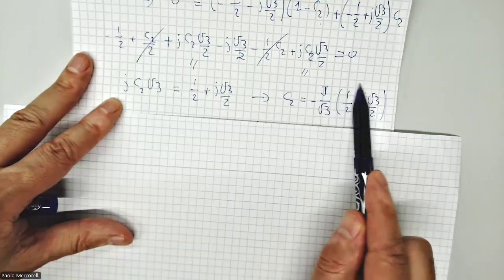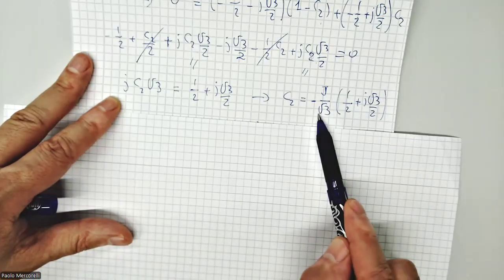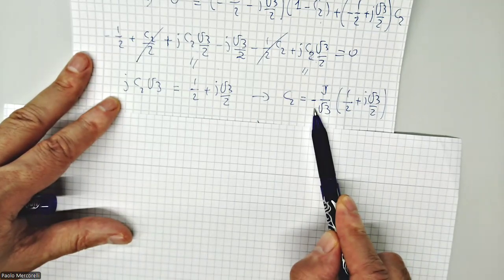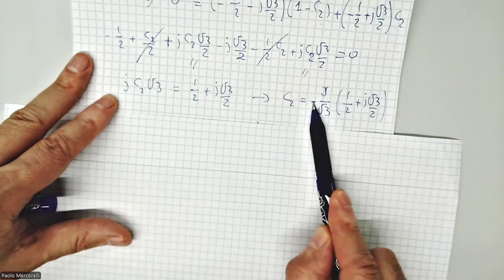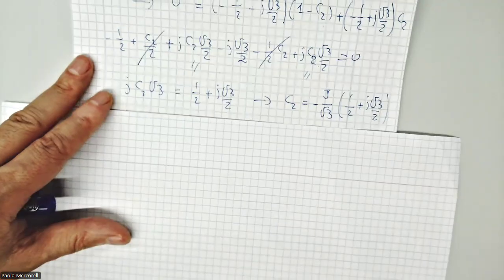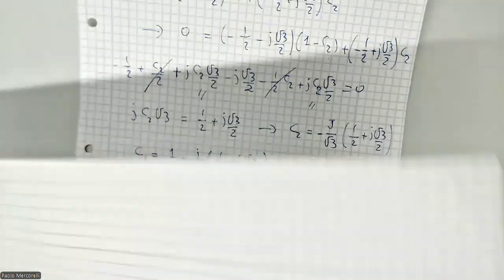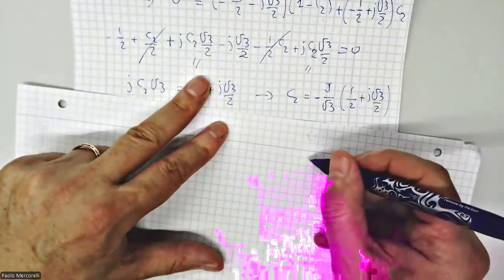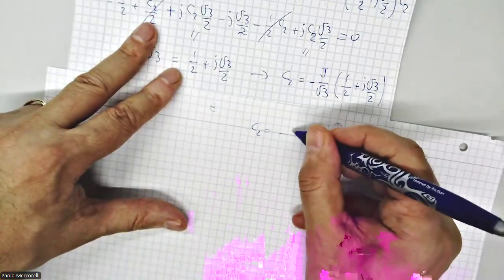Basically, we have here this element divided by j multiplied by root of 3. But j in the denominator, I don't know if you remember, is equivalent to minus j in the numerator. Probably I would like to explain this in order to understand. Do you agree that we have this?